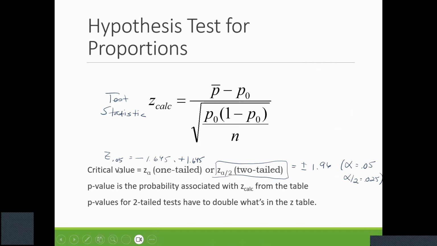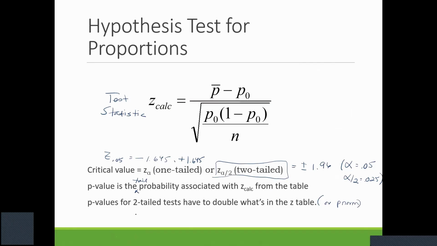We will also learn to calculate a p-value, which is the tail probability associated with the z-calc from the table. So I'm going to just put in here the tail probability, whether you get it from the z-table or from pnorm.